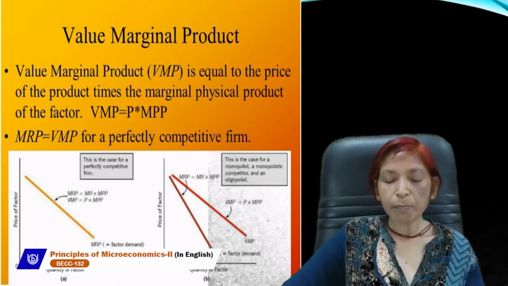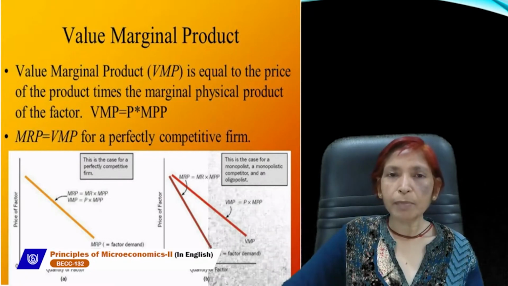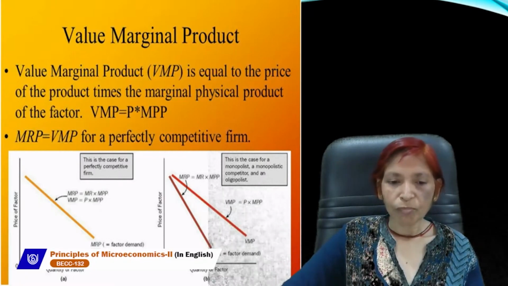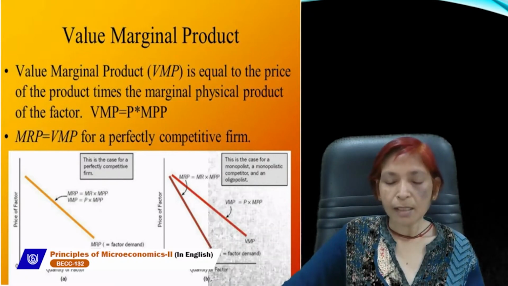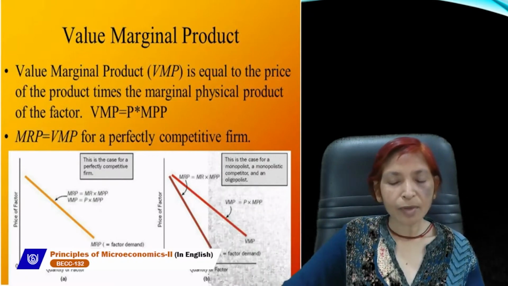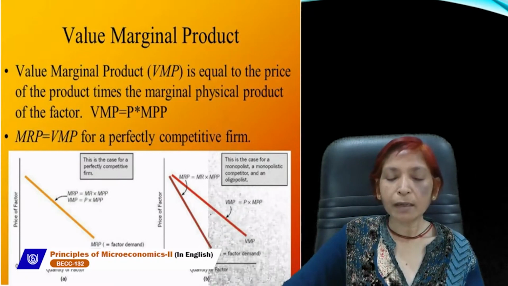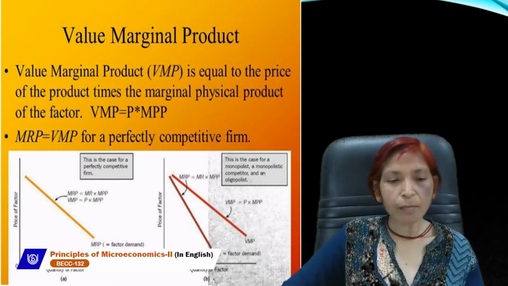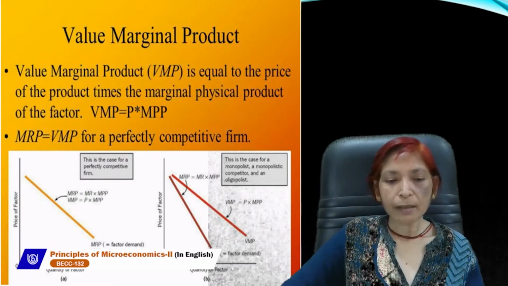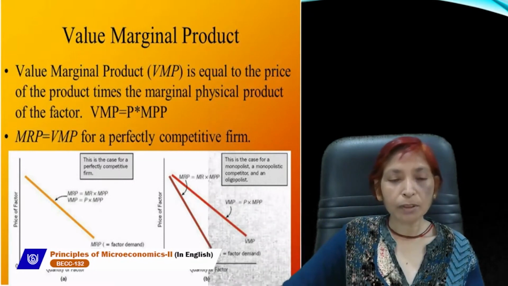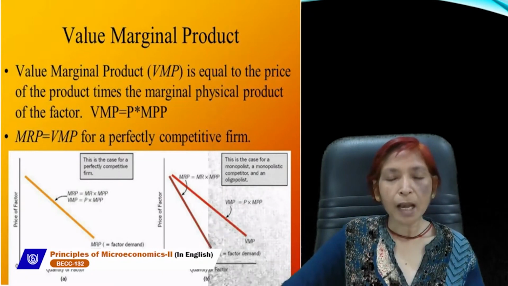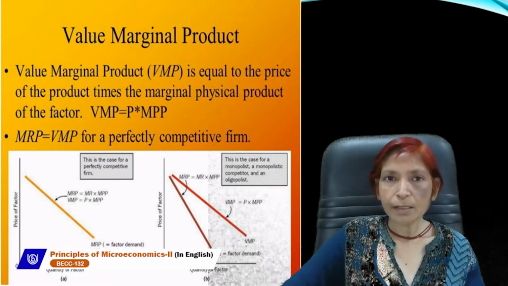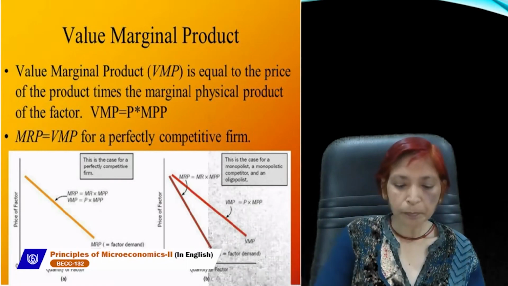So VMP is calculated by multiplying MPP into AR. AR is greater than MR, that's why VMP will be greater than MRP. That's why we can draw this type of diagram, and VMP will be greater than MRP, but both are negatively sloped curves.